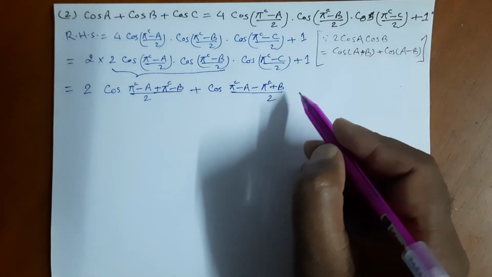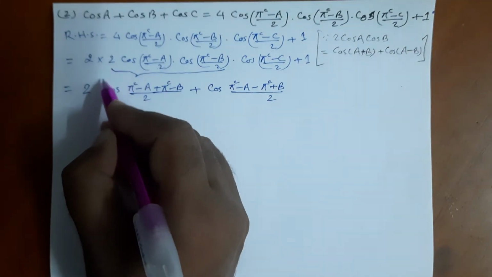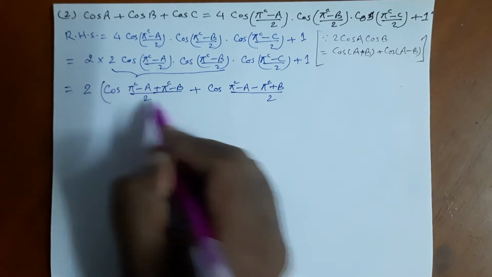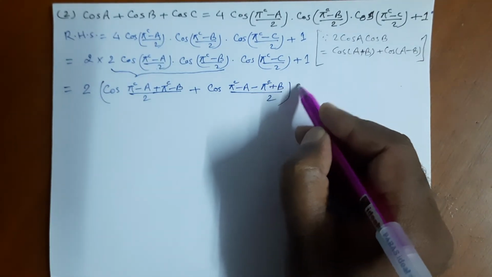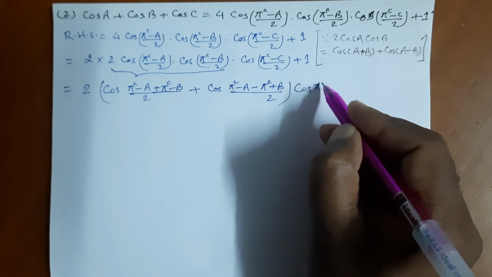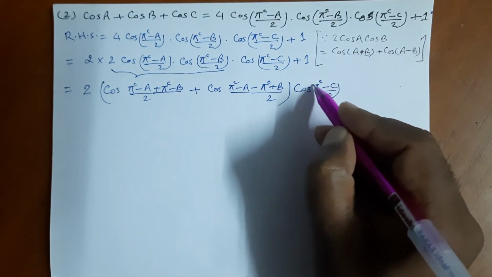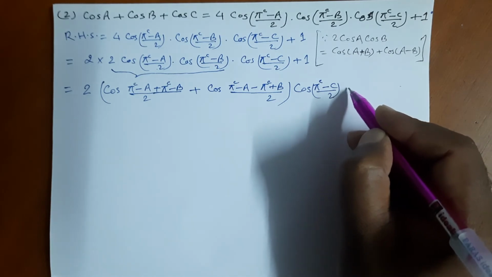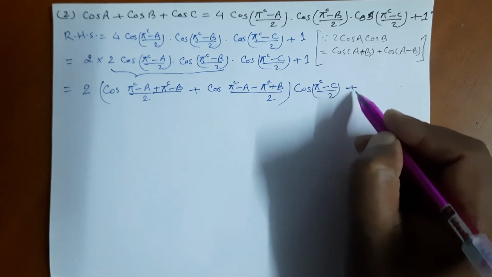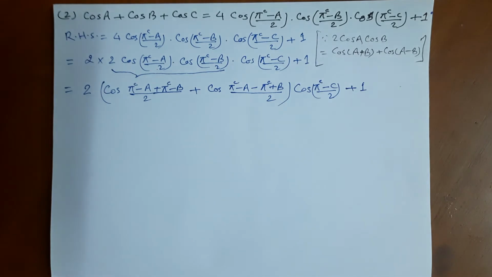Now this cos (pi radian minus c)/2 is as it is, and at last we have plus 1.